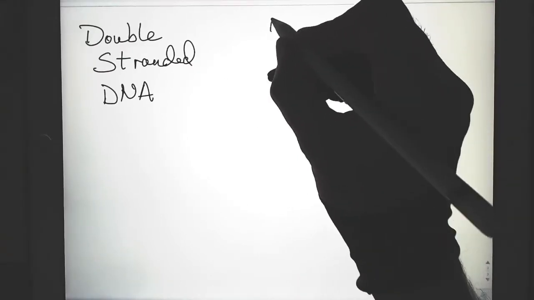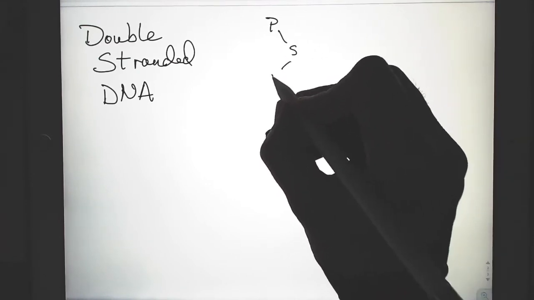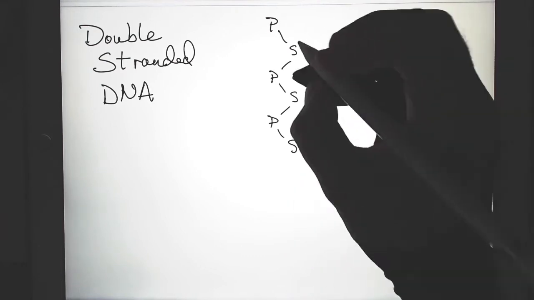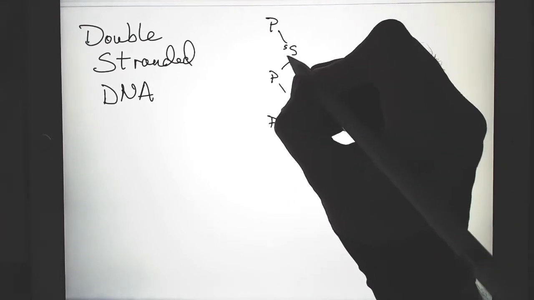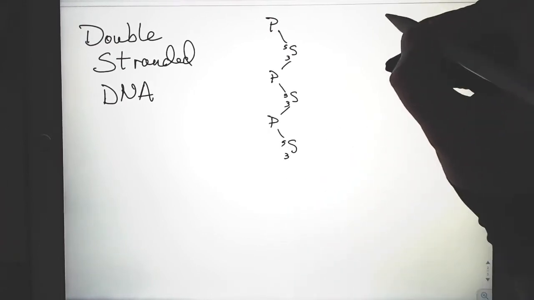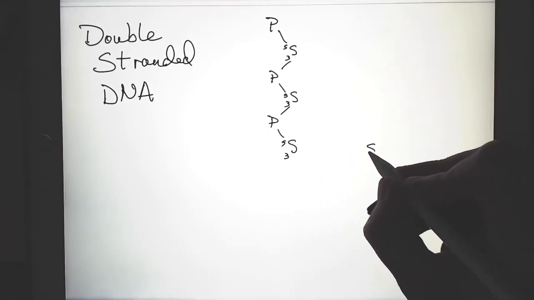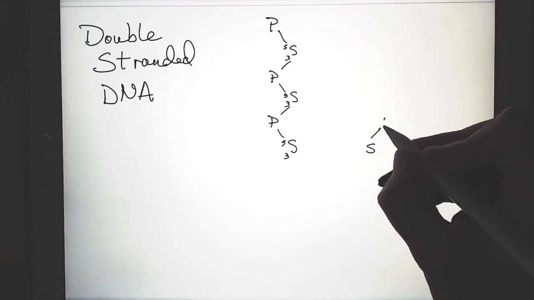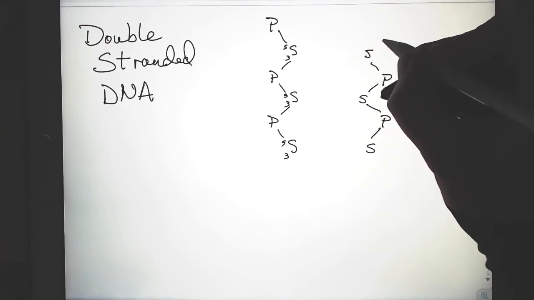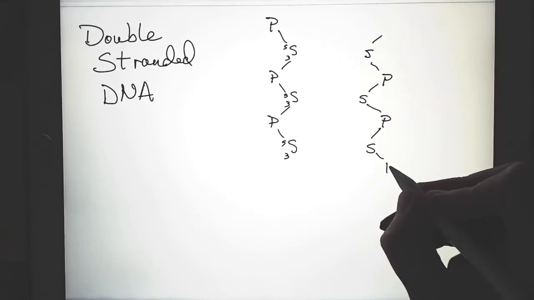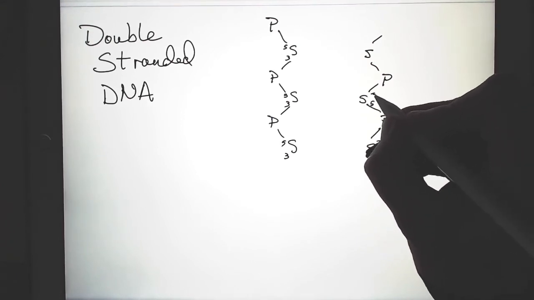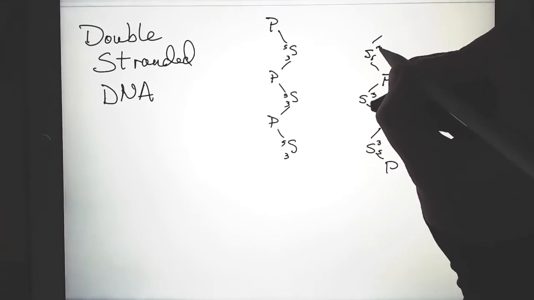Double-stranded DNA, we have phosphate, sugar, phosphate, sugar, phosphate, sugar as a backbone with 5 prime, 3 prime, 5, 3 carbon, 5, 3 carbon. And going the other way, we have a sugar, phosphate, sugar, phosphate, sugar. And in this case, we're going 5 prime, 3 prime, 5 prime, 3, 5, 3.